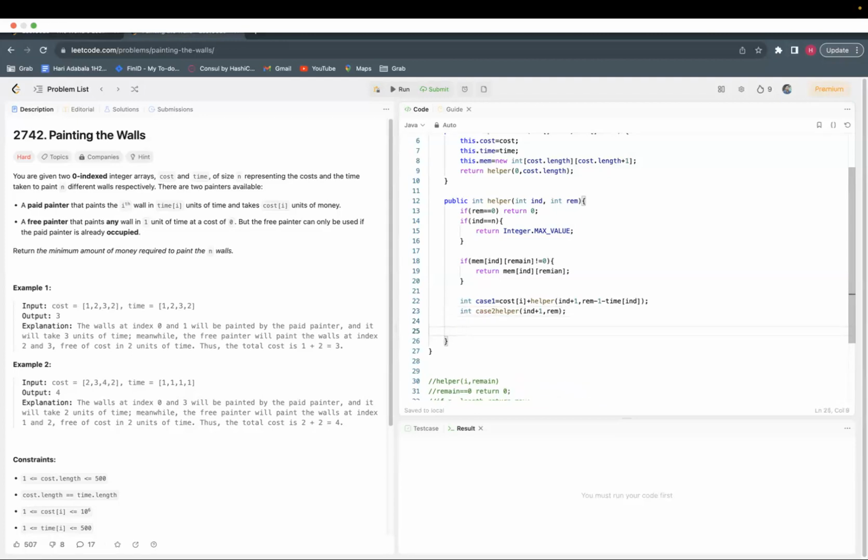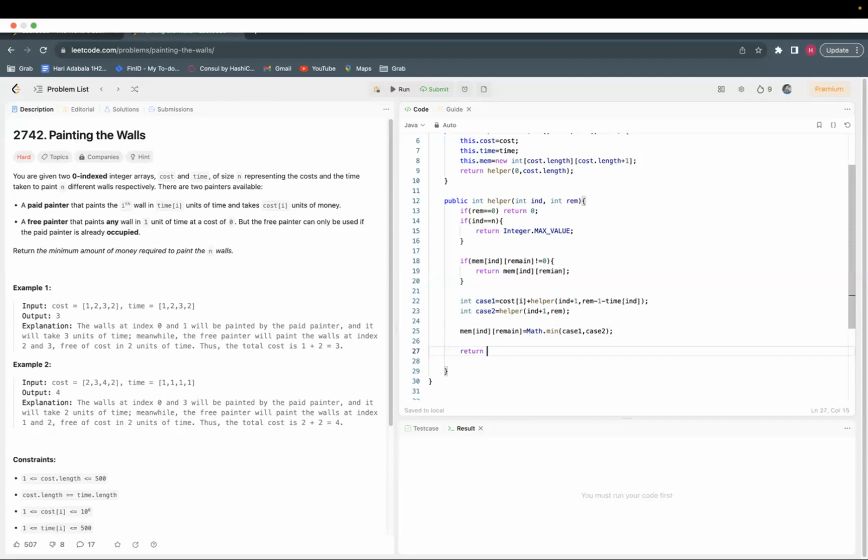And now we need to memoize this answer before returning. So memo of ind of remain will be equal to math dot min of case 1 comma case 2.